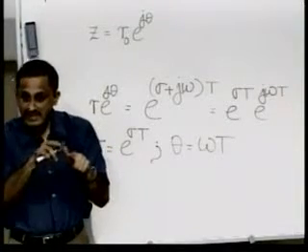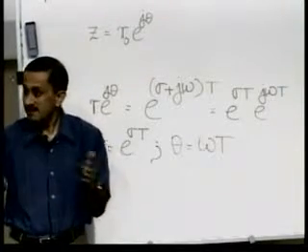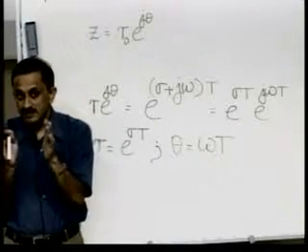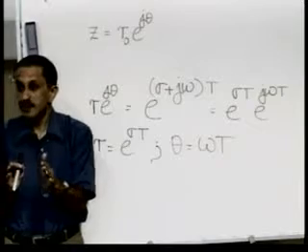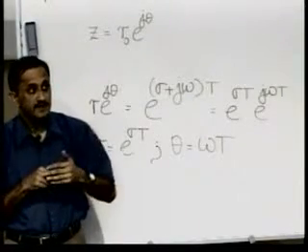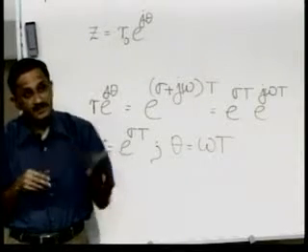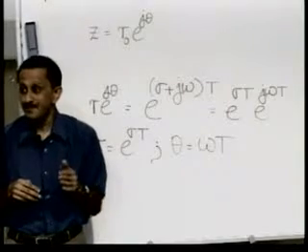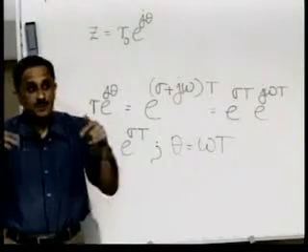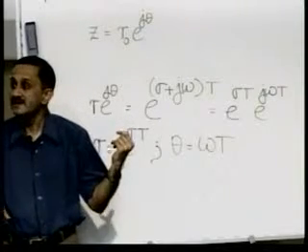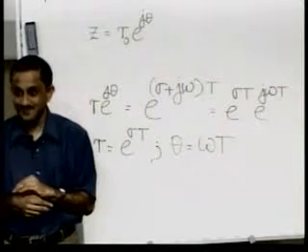So if you look at the theta variable, or equivalently the omega variable, the mapping between the z complex plane and the s complex plane is not unique. In fact, this is a generalization of the fact that when you carry out sampling, you introduce periodicity on the frequency axis. In a sense, this is a manifestation of that, right?